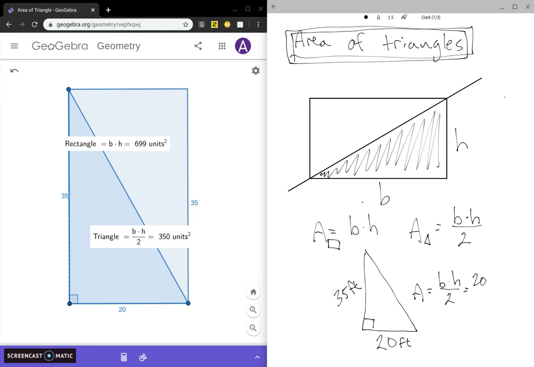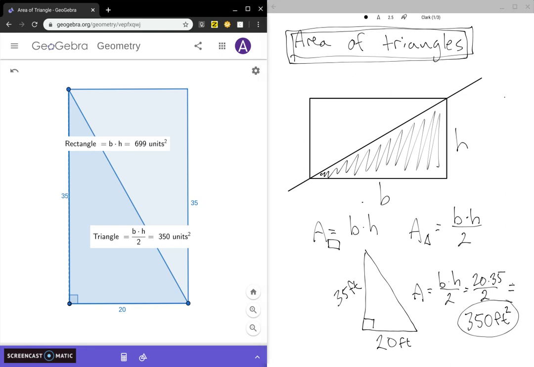My base is 20, my height is 35, and I take half of that. All right, you can punch that out in a calculator or mentally. Let's see, I'm going to do 20 divided by 2 is 10. 10 times 35, 350 square feet. So this is the area of the triangle.